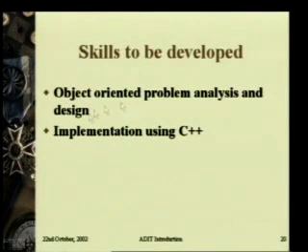Now, what are the skills to be developed in this particular context? Well, object-oriented problem analysis and design may be the first skill which you would like to develop, and then implementations using C++. So we expect that you not only analyze problems, but are also able to implement solutions using C++.